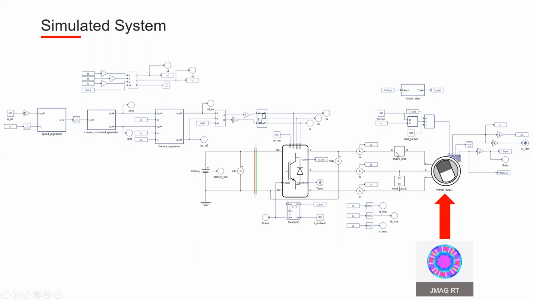Yeah. So we have two contactors here, one to simulate the phase loss and the other one to simulate short circuit between phases B and C. We have a simple mechanical model, and we also have the controller that's running on the CPU.